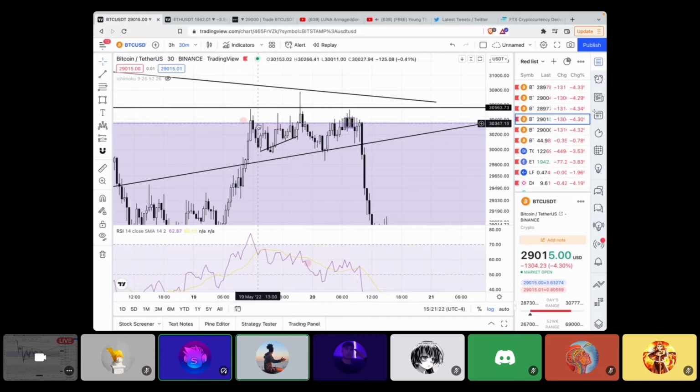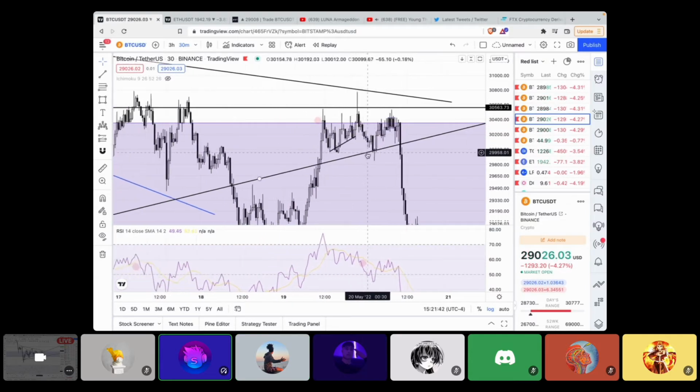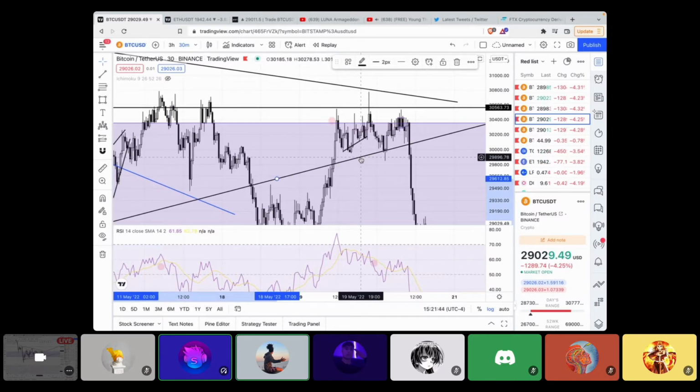We put in almost the left shoulder, the head, the right shoulder. The right shoulder was a strong base. Even though we broke out from this consolidation down, we still retested the highs, bringing everybody back to their entry before the breakout. And then we got the confirmed flip of this ascending trend line we have right here.